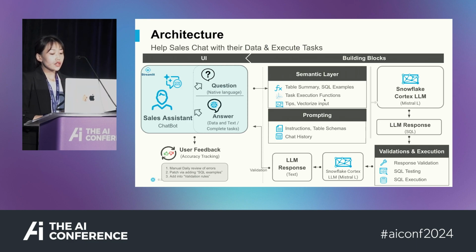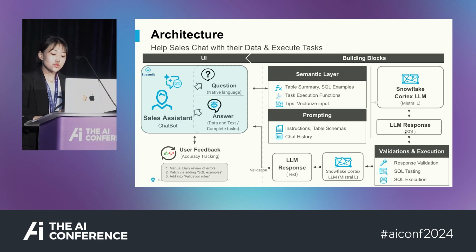After we get all the relevant information, we'll then combine it with the prompts, which include the system instructions, basically how we are guiding the large language model to finish a text-to-SQL task, and also the top table schema together with the chat history. Combining the information we fetch from the semantic layer and the prompts, we will send it to the large language model, and the large language model will then give us a response. The response is a SQL.